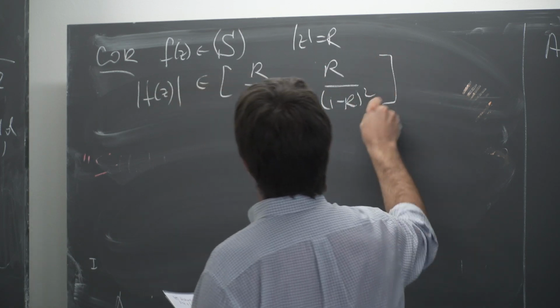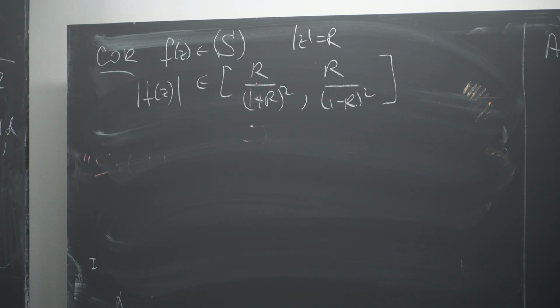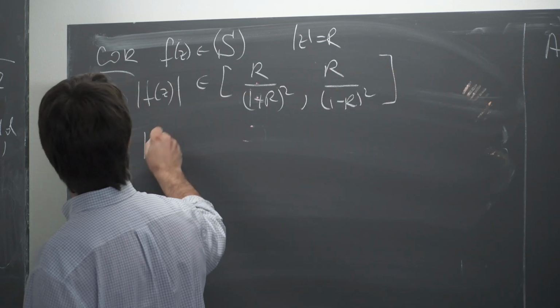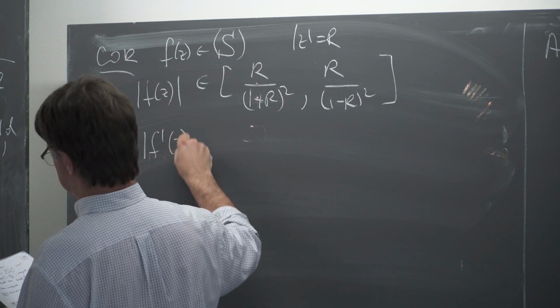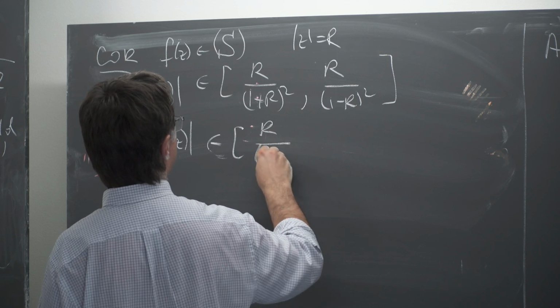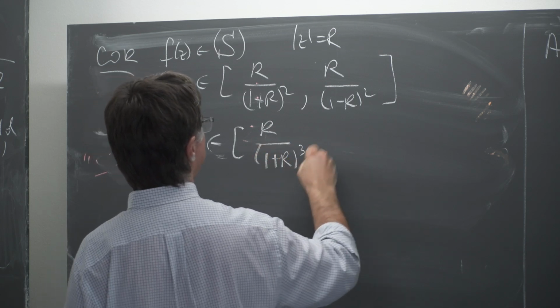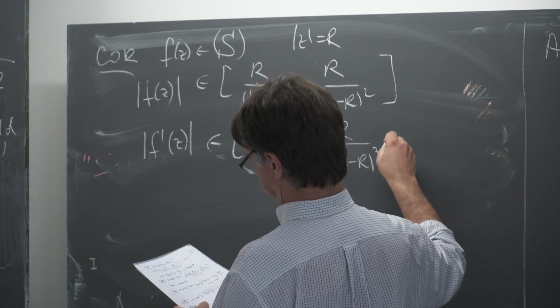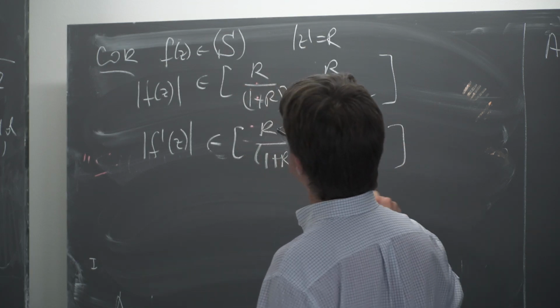It's very much like Harnack's inequality. Here it's done by integrating this 1/4 type statement. And f prime of z is in between r over 1 plus r cubed and r over 1 minus r cubed. And there are a bunch of other estimates.